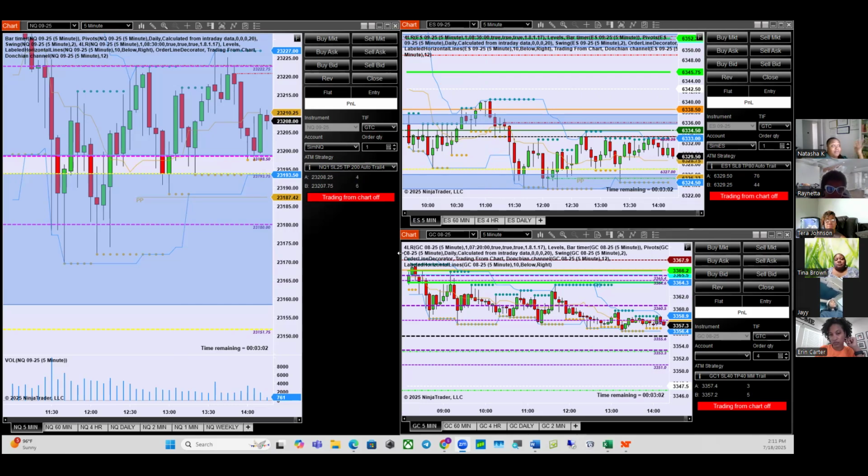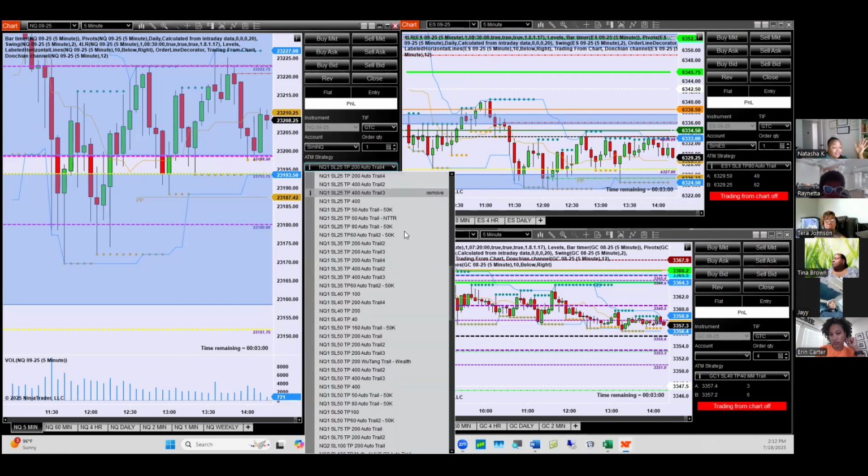But for me, like I said before, I need to clean these out. I have been playing with my trails. This is the same stop loss and TP, but the trail is different, because you see it's trail 2, trail 3, trail 4. But the base of it is the same on everything.